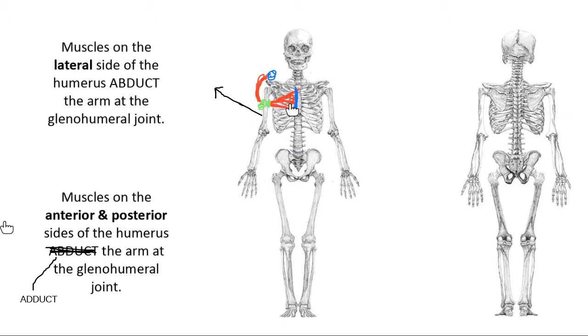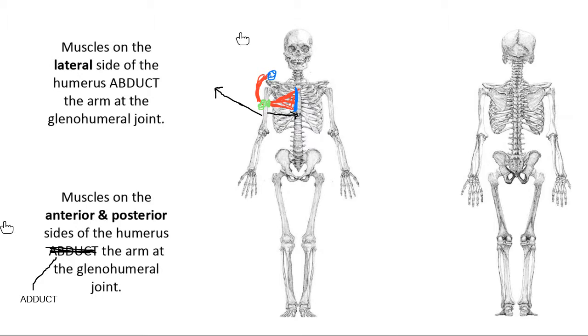When I contract this muscle, I take the humerus and pull it toward the middle of the body. So bringing your arm back down, closer to the midline of the body, that's adduction. Things like pectoralis that live on the front side are going to adduct the arm, pulling it back toward the middle of the body.